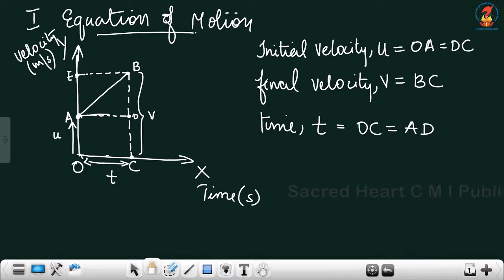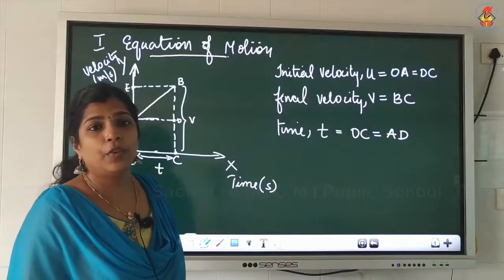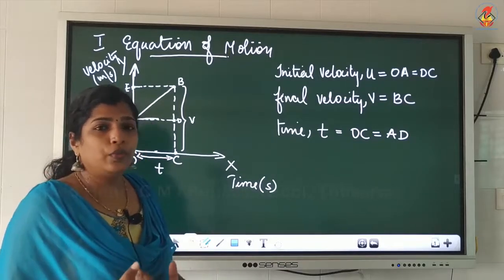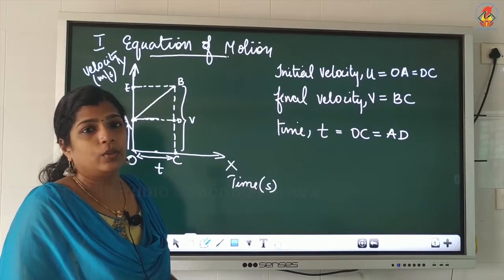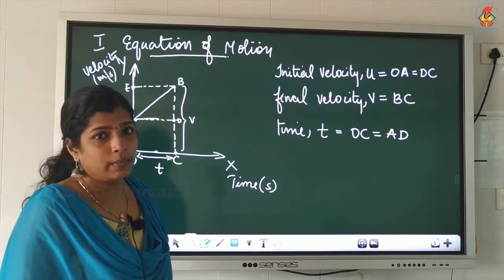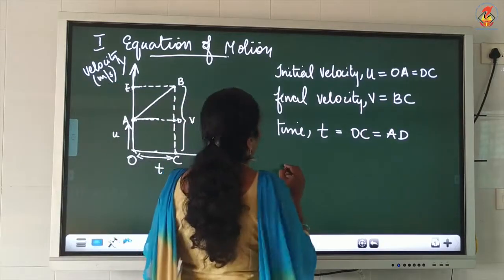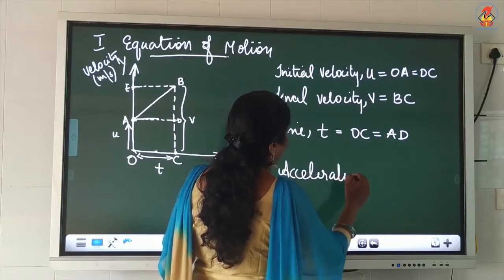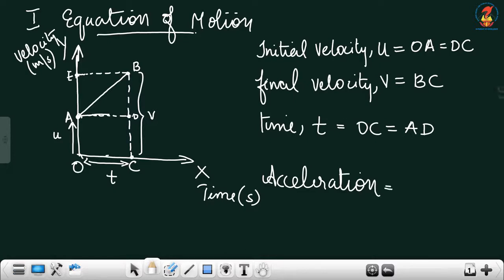Now from this graph we need to find the acceleration. The slope of this velocity time graph is equal to the acceleration. We need to find the slope of the velocity time graph. So acceleration equals slope of the VT graph.